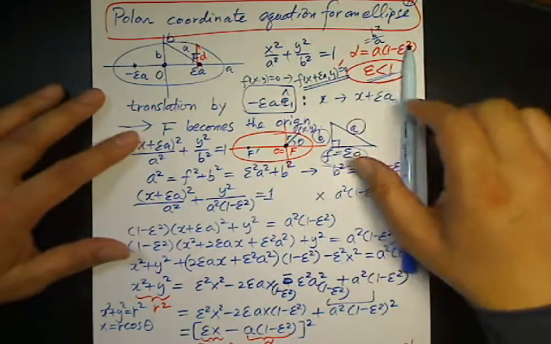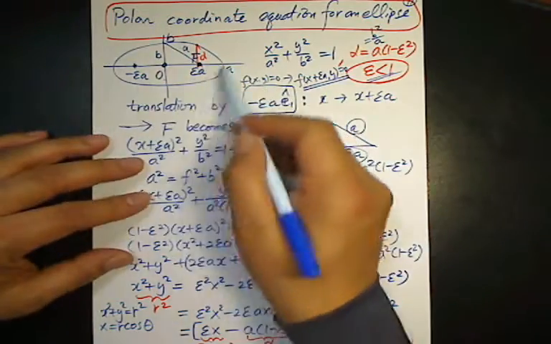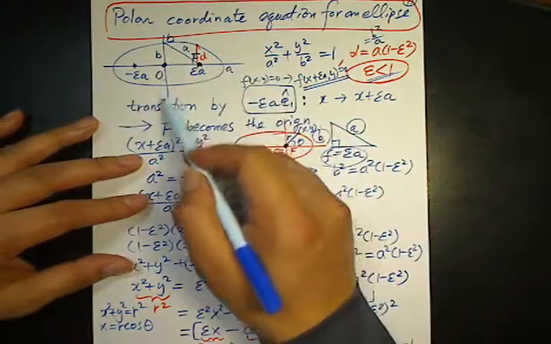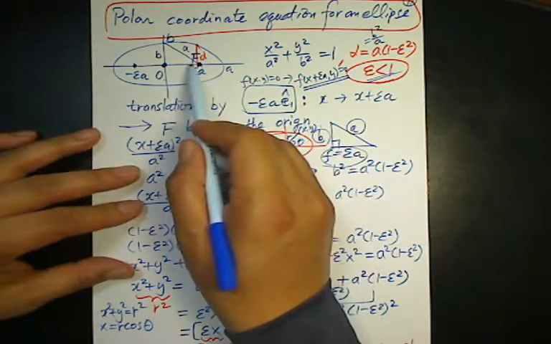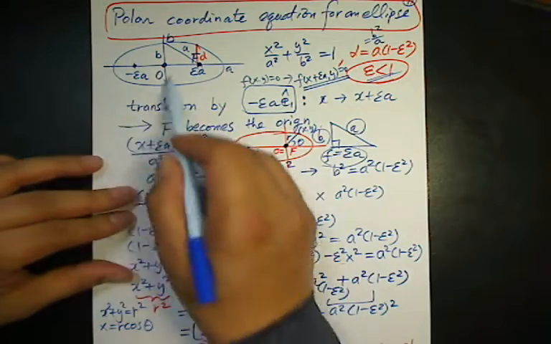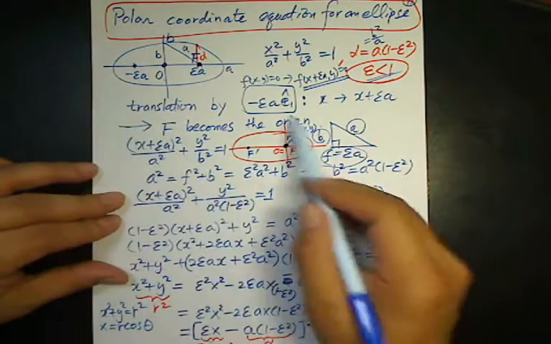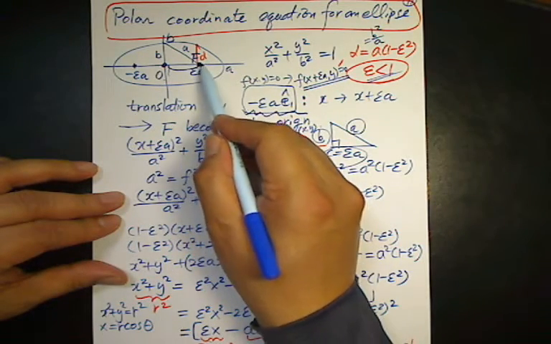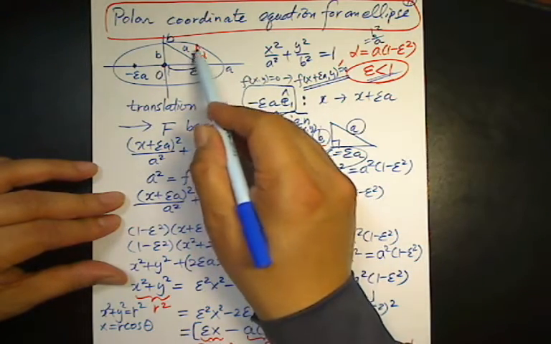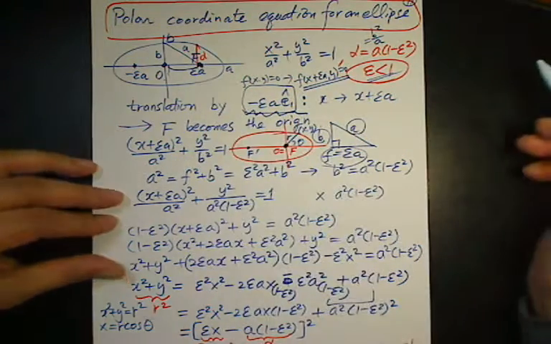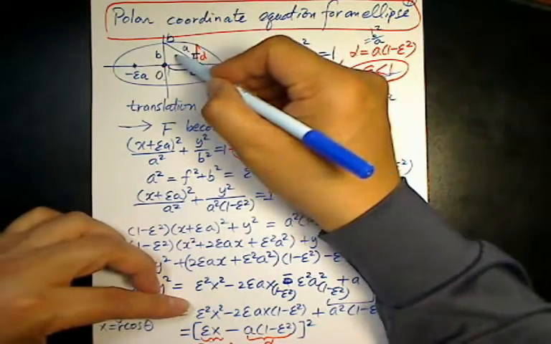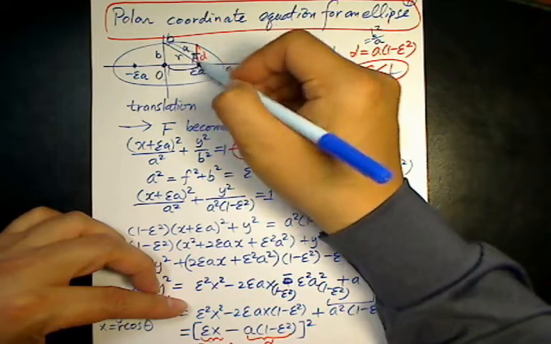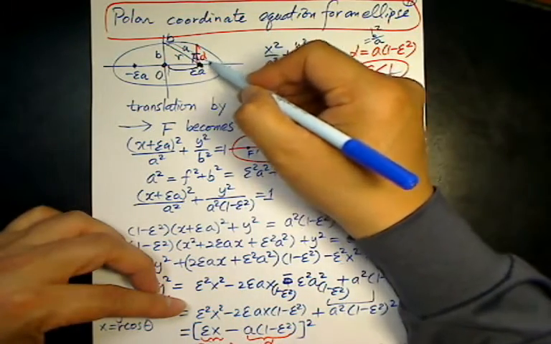That means moving this ellipse to the left by this amount, keeping the axes the same, because I want the origin at the focus. The radius is this, and this is the angle theta.